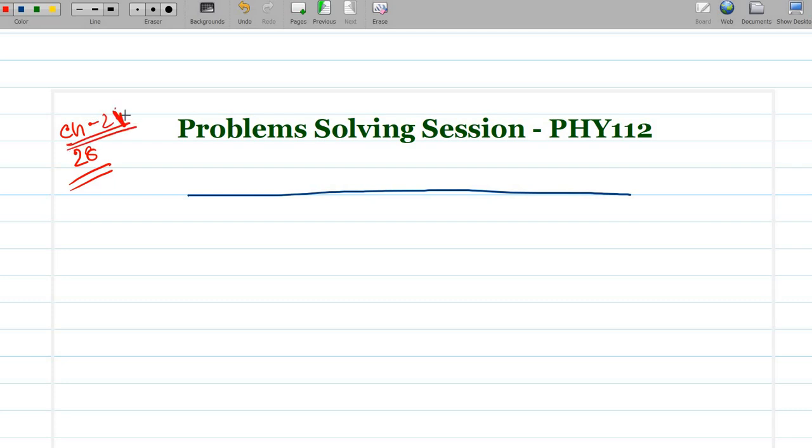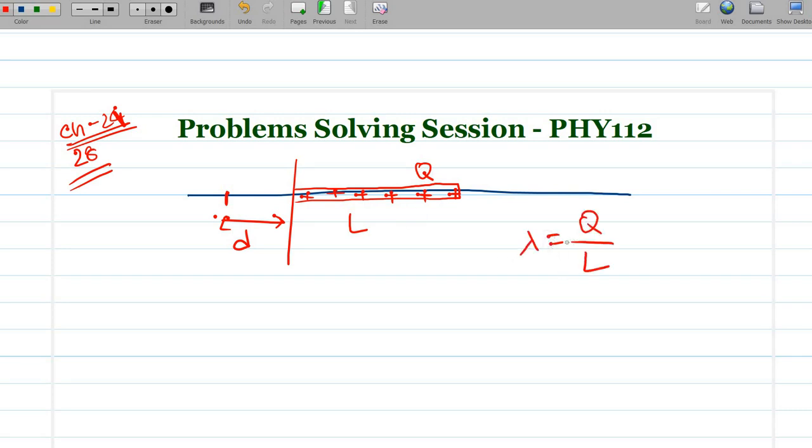So that's the rod, that's the rod of length L, and that's D. Question is, what is the potential at P? And capital Q is given, so lambda equals capital Q divided by L, the linear charge density, and of course the distance. So this is point P.